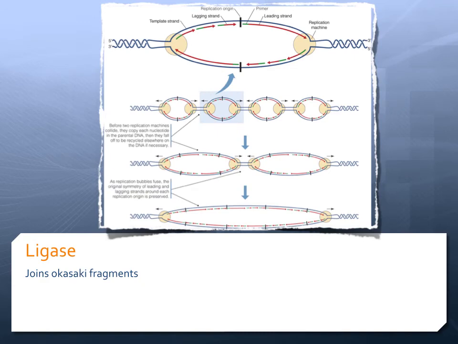So once the lagging strand has been synthesized, when the Okazaki fragment merges with the previous Okazaki fragment, it will need to be ligated so that it creates a continuous strand and not small pieces that are left unjoined. Okay, so the ligase is very important in order to make a strand that is with no holes in it.